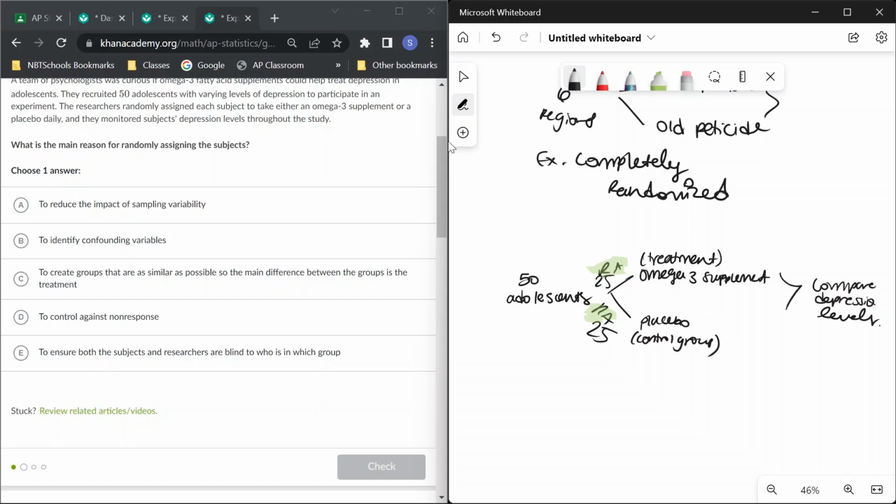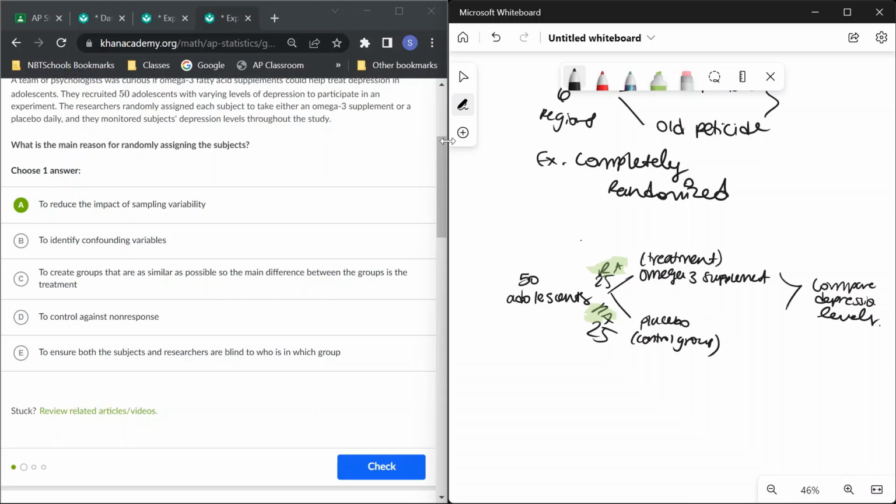So the main difference between the groups is the treatment. I don't know, A or C. Because if you have 30 random samples, like if you have more adolescents getting the treatment than the placebo, doesn't that reduce the impact of sampling variability?